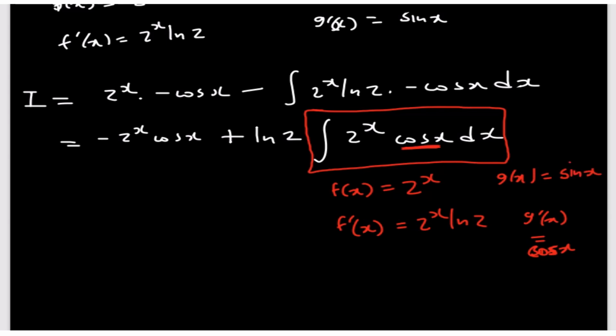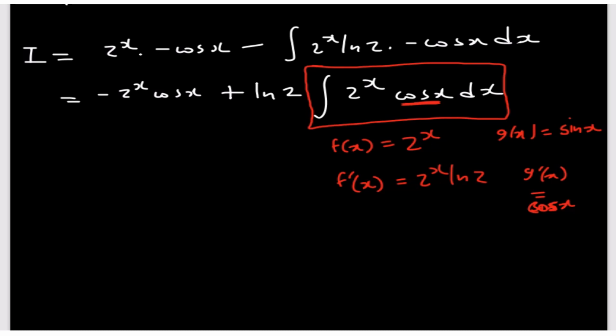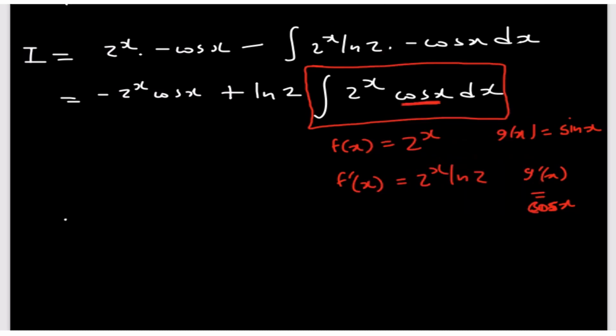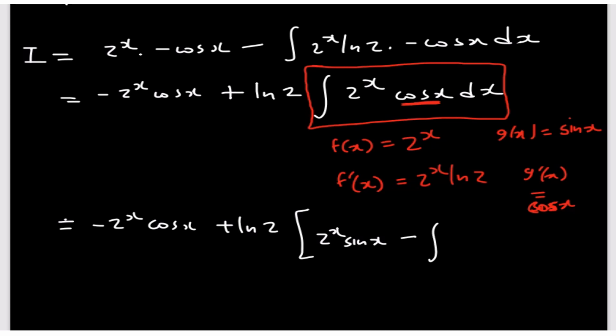So now we integrate again. My answer will be, I still have this first term, plus, don't forget the ln 2 outside. So now what is the integral of this? It's f of x times g of x minus the integral of f prime of x times g of x.